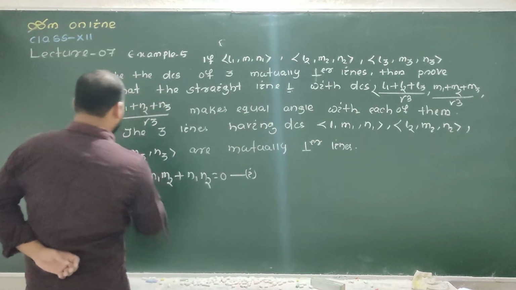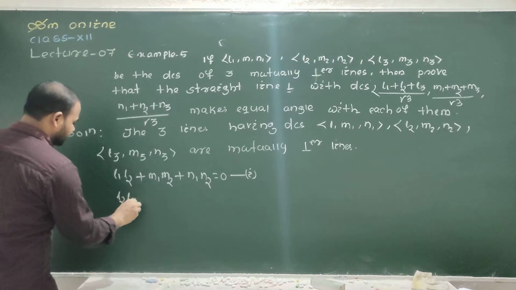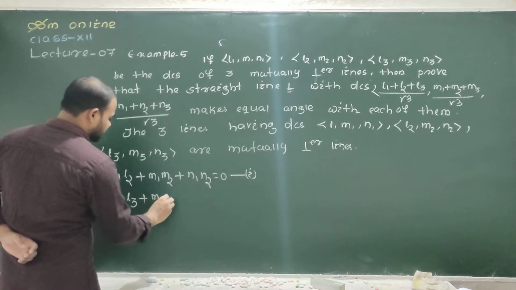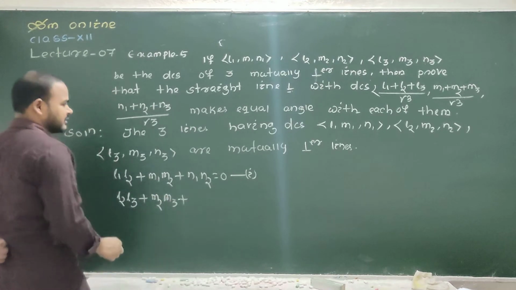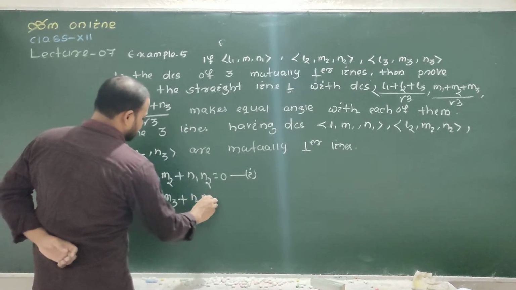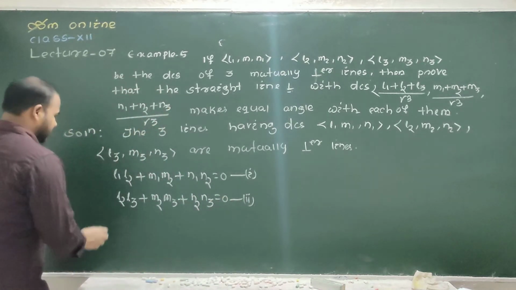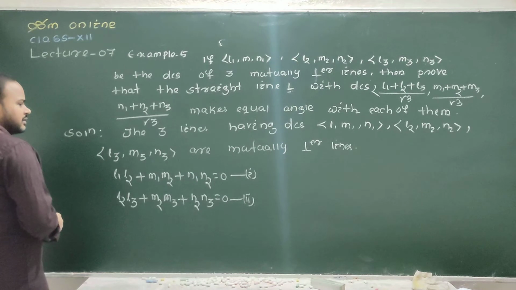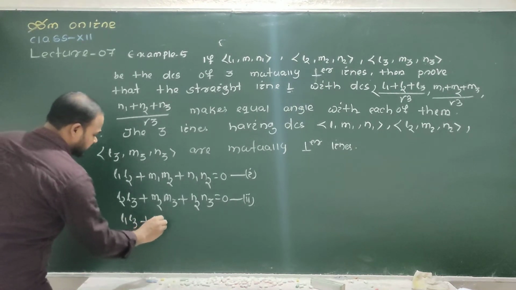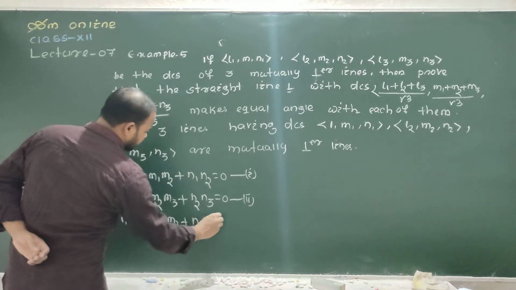If the second line is perpendicular to the third line, then L2 L3 plus M2 M3 plus N2 N3 equal to 0. And the first line is perpendicular to the third line, so L1 L3 plus M1 M3 plus N1 N3 equal to 0.